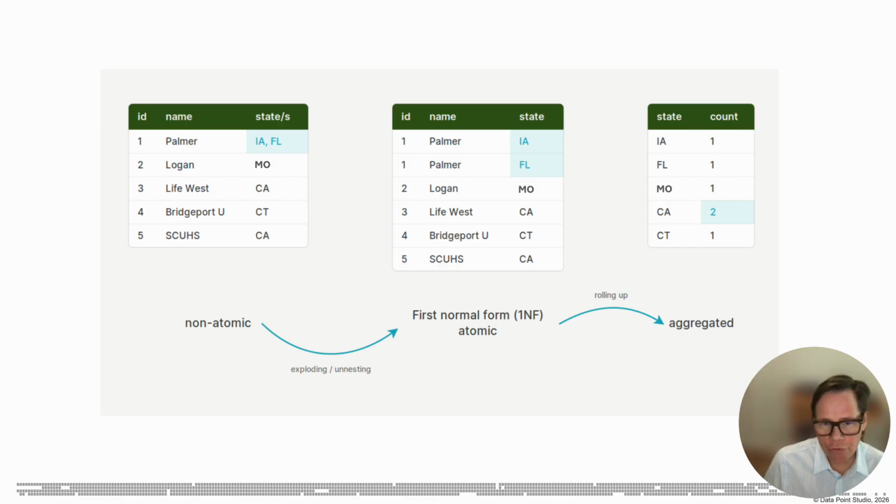But we have to go through what's called 1NF, or first normal form, or atomic, or long form data. And how do we do that? We go from non-atomic by exploding or unnesting the data. And then we get to this beautiful long format, rich record level data, and then we aggregate. If we only have aggregated data on the far left, we cannot go back to more granular data.